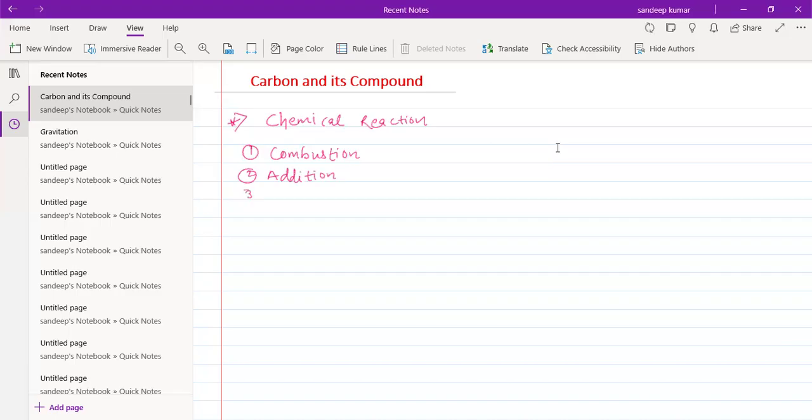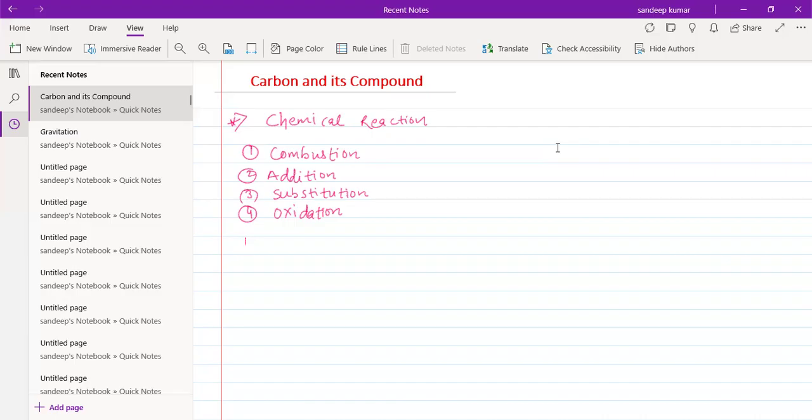Third one is substitution reaction. And fourth is oxidation reaction. So we are going to cover these four important reactions.